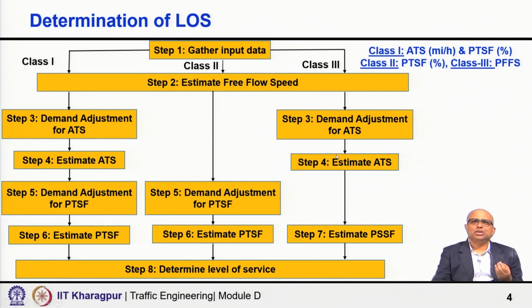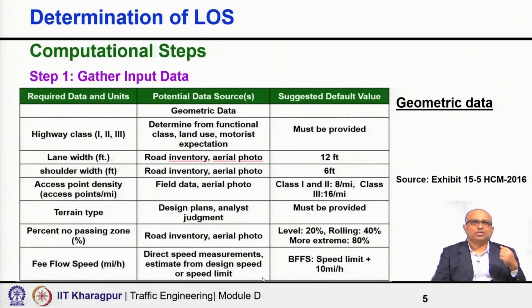Using steps 3 and 4 and the knowledge of free flow speed, we can calculate the percentage of free flow speed. In all cases, once the measures are known, we know the criteria, what values of the measures mean in terms of the actual LOS from A to F. So we can determine the level of service.